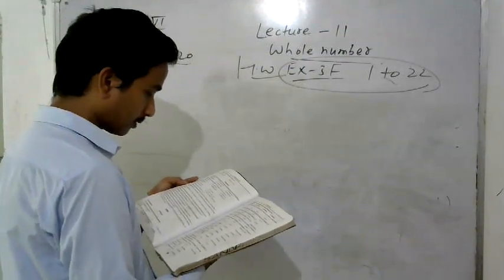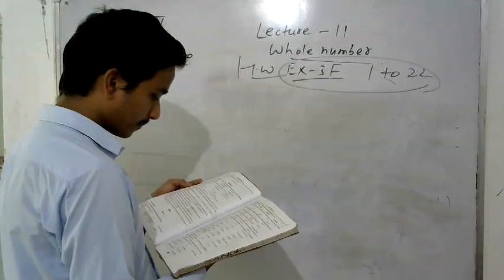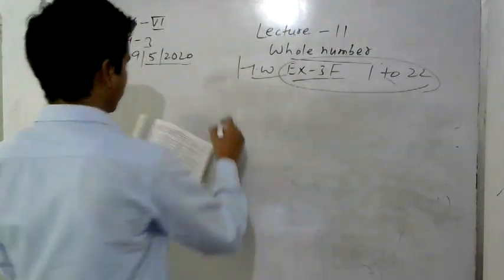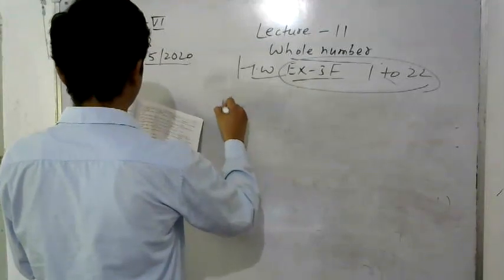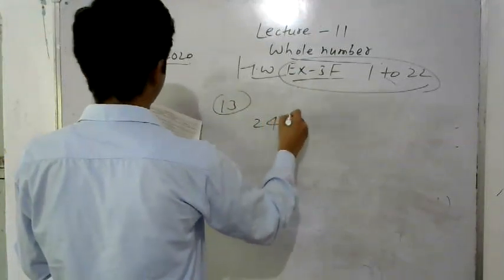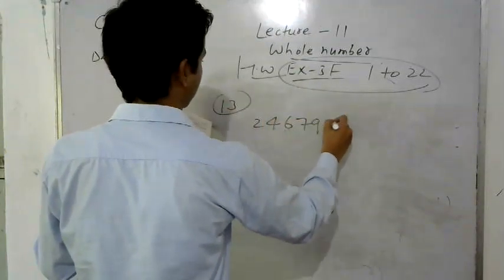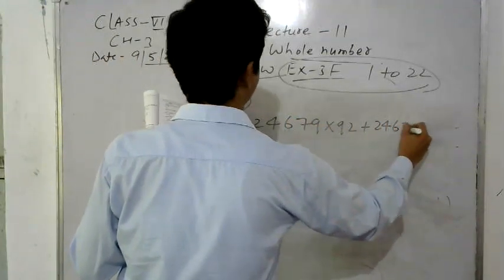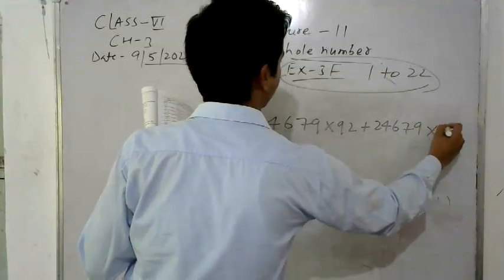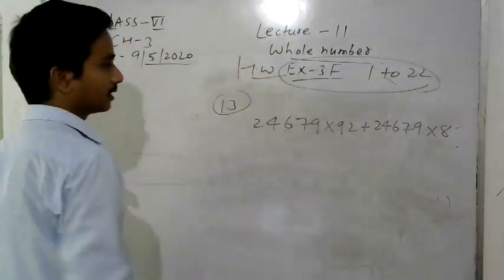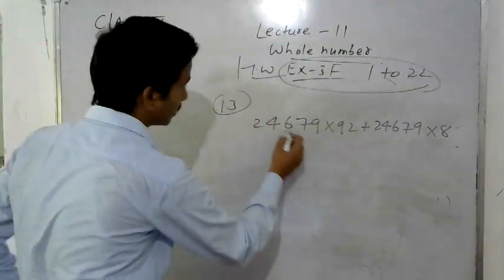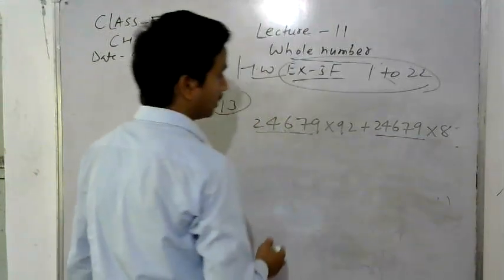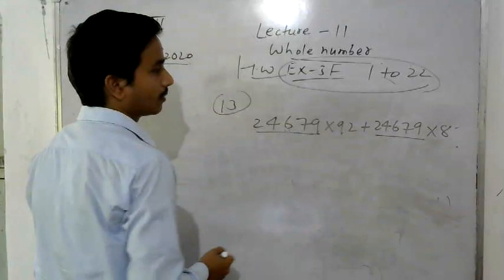We can see one more problem like this. For example, exercise 3F question number 13. See, 24679 into 92 plus 24679 into 8. How can we solve it? See here, 24679 and 24679 is common here.